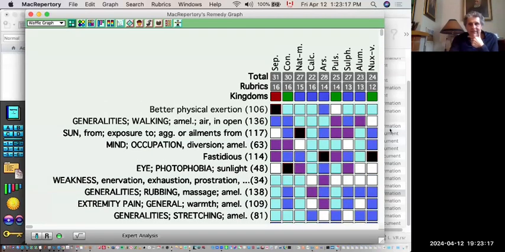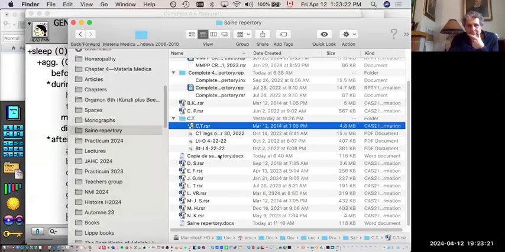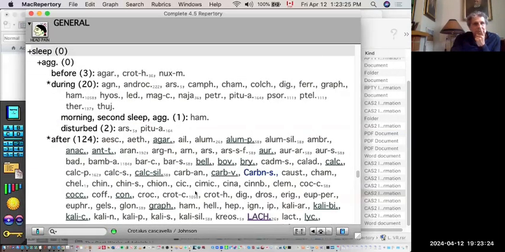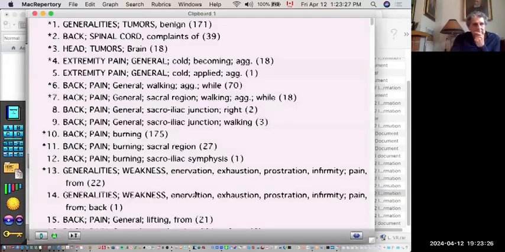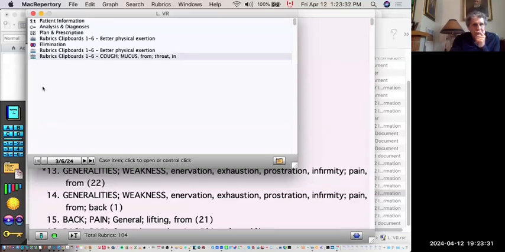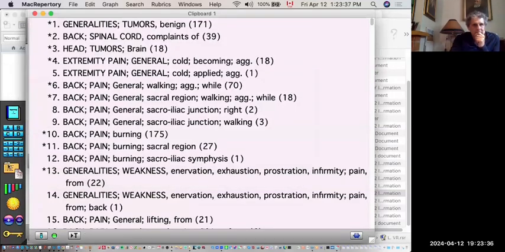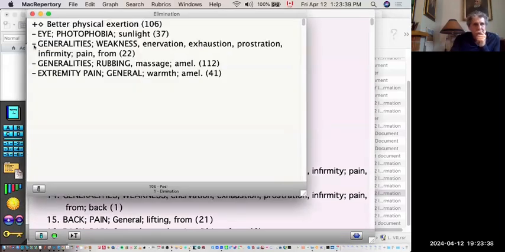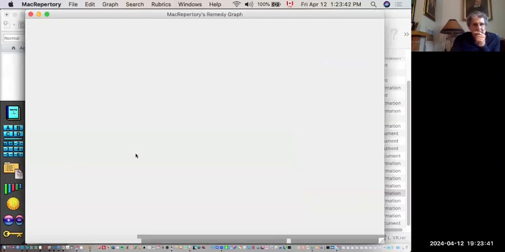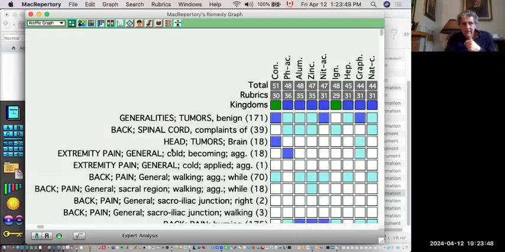But if we look at the same case in the complete, and we say elimination, conium doesn't come out at all. And here you see a lot of symptoms on it.